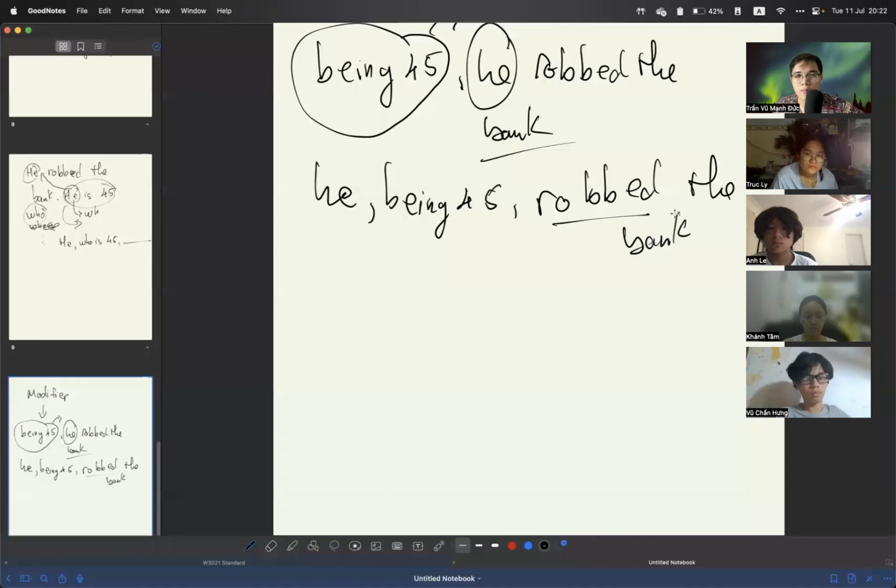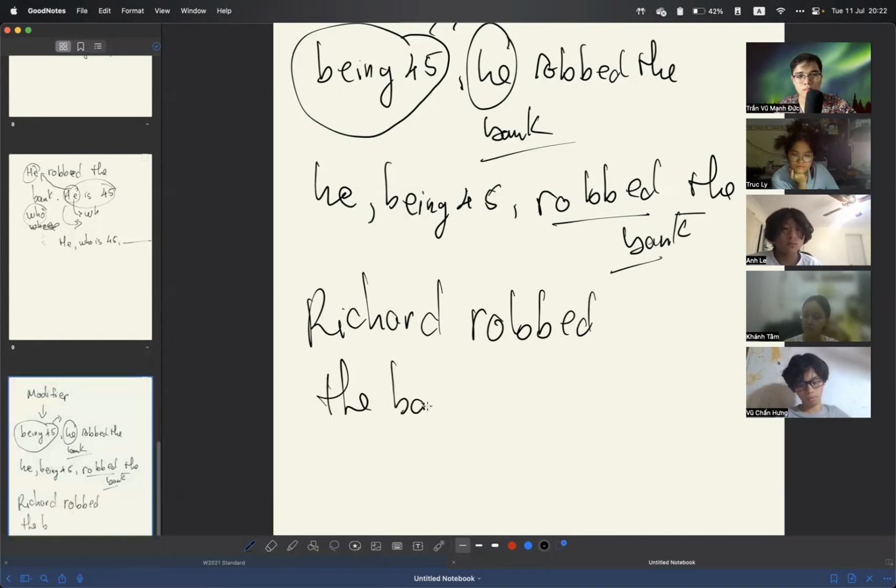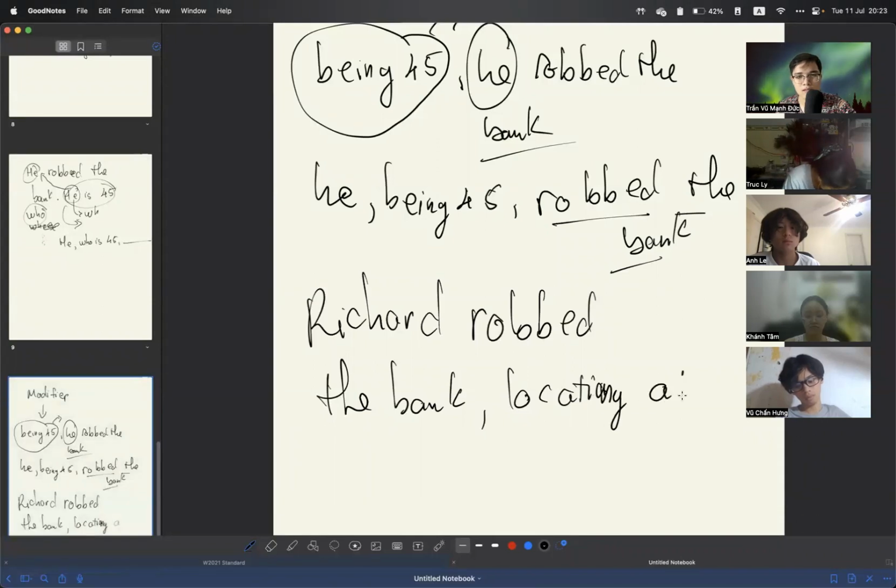So, rob the bank. And if I say this, let's give him a name. Let's say Richard. Richard robbed the bank. Locating at 41st West Ham.